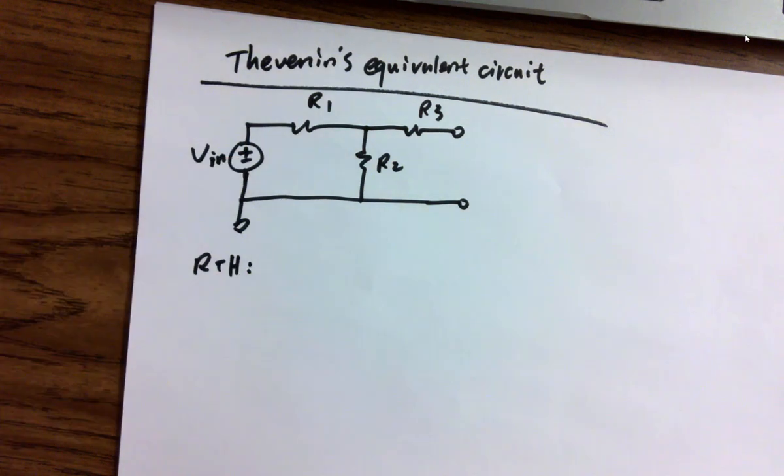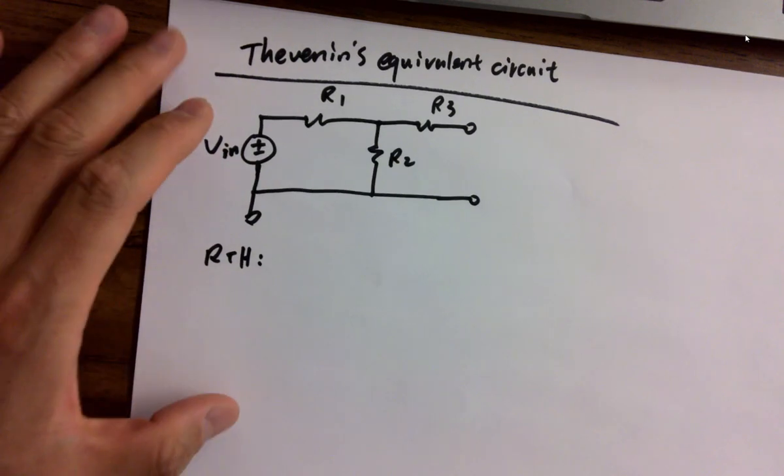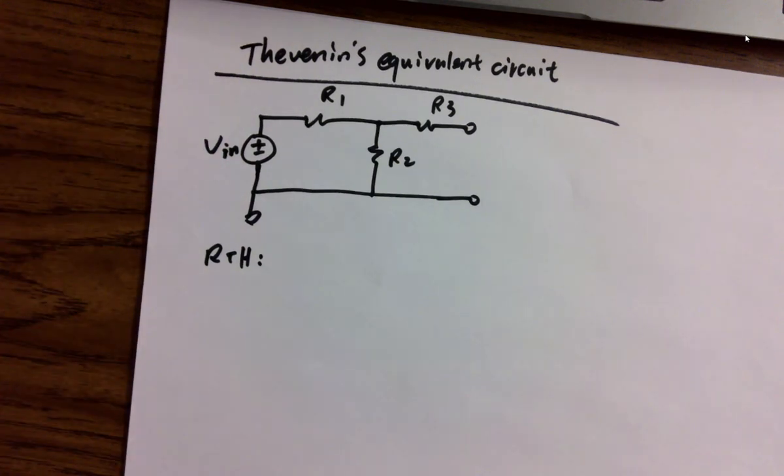One quick question, just a sanity check. Why is the voltage source always shorted when you are doing equivalent circuit analysis? Why do you short a voltage source and open a current source? It could be an interview question, just letting you know. Ideally, voltage sources have zero internal resistance, but current sources have infinite internal resistance.